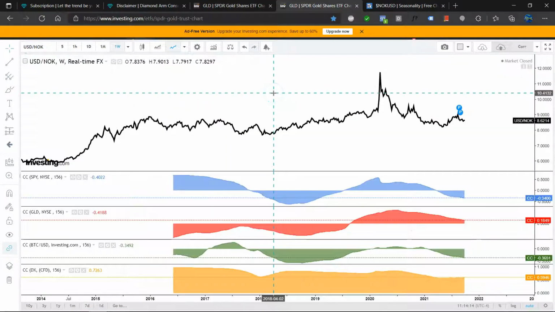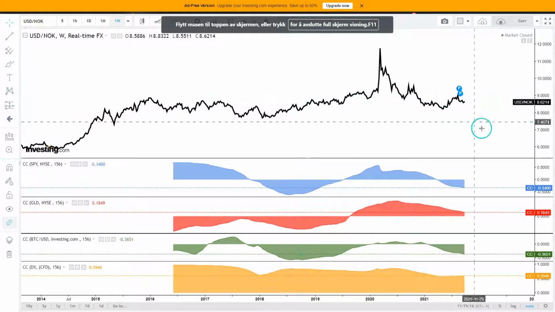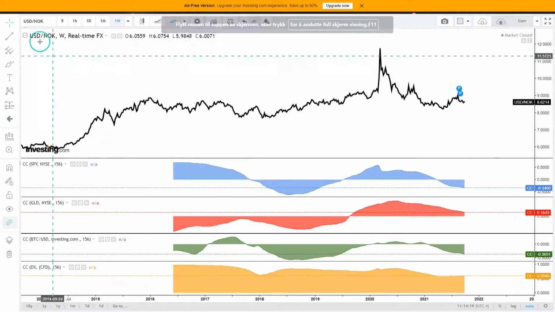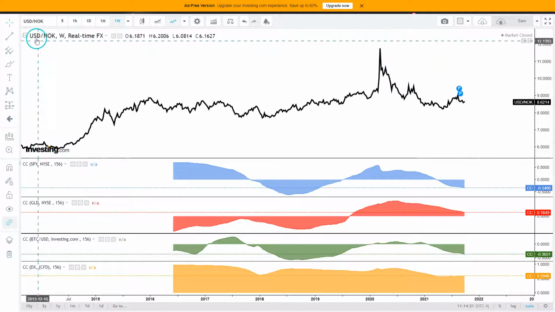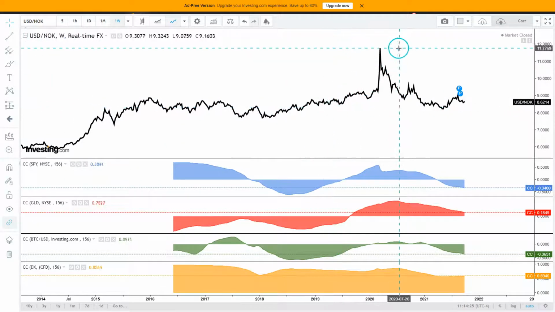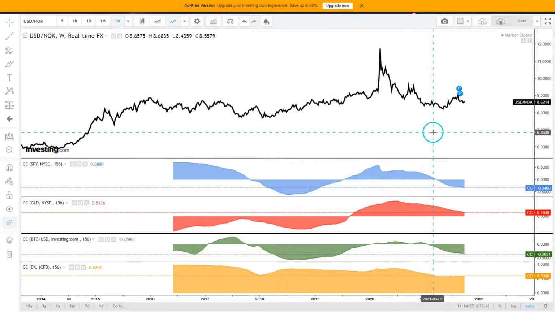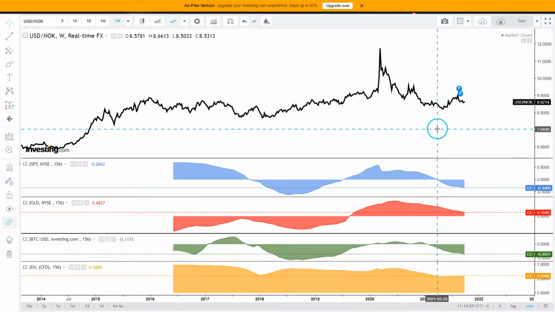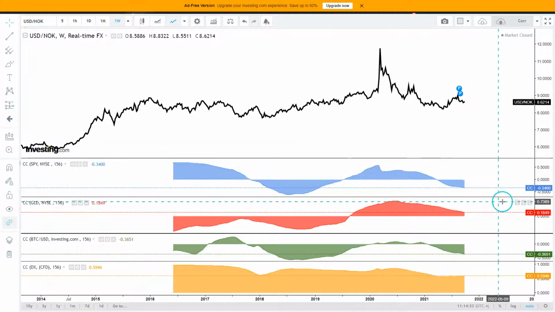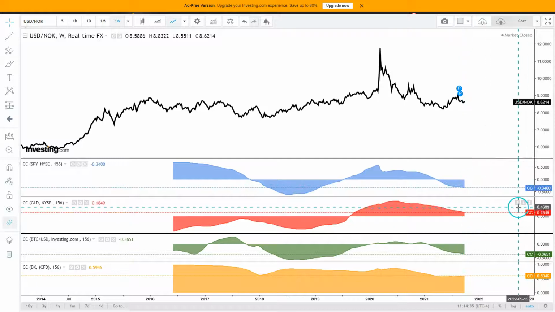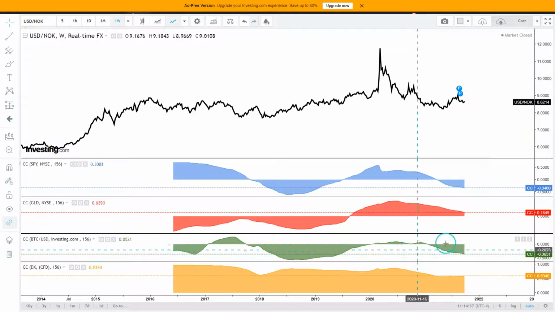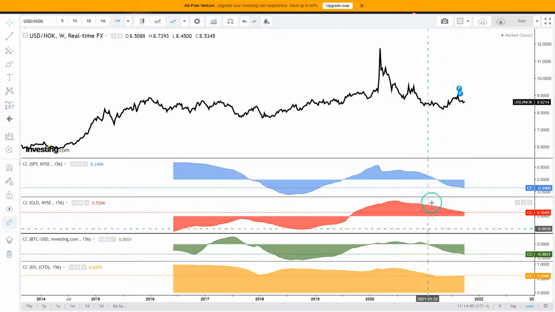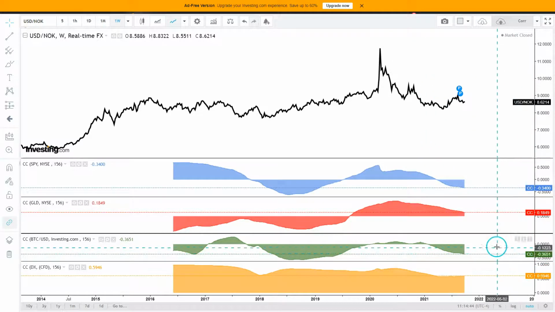When we look here at statistical correlations long term for this pair, the key thing is that when this is rising, it means that the US dollar is strengthening vis-a-vis the Norwegian Krone, and of course the inverse as well. Okay, so the correlation here with the S&P 500 is minus 34%. Only 18% positive correlation with gold, with Bitcoin minus 36-ish%.